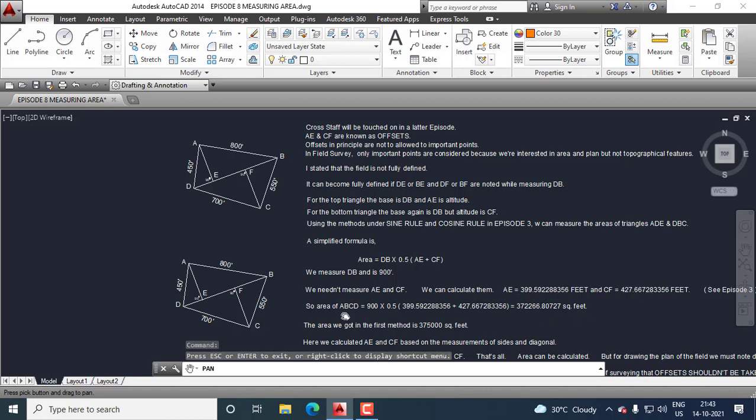So area of ABCD is equal to, by using this formula, this expression will come, and after simplifying this expression we get 372,266.80727 square feet area.